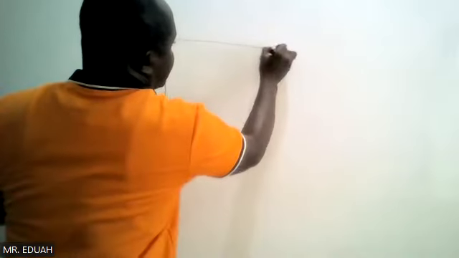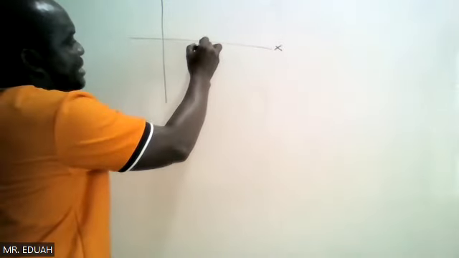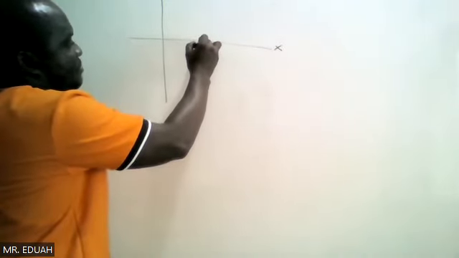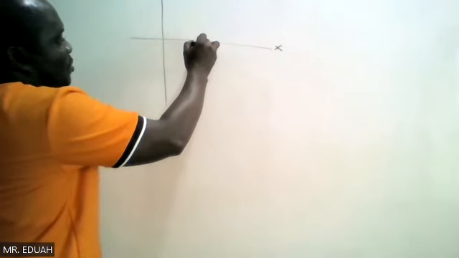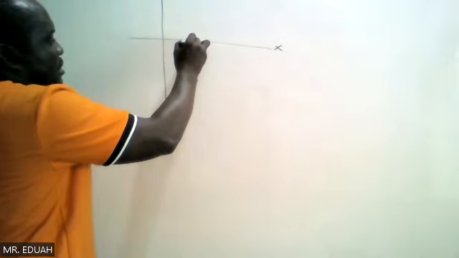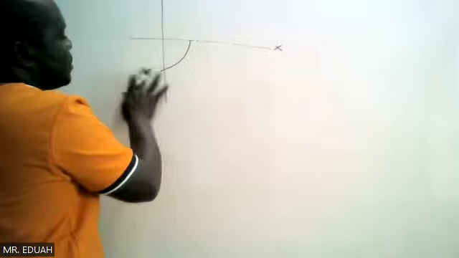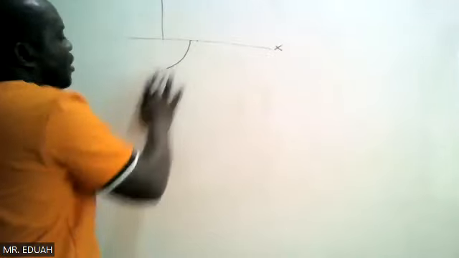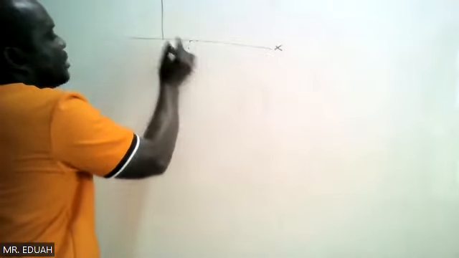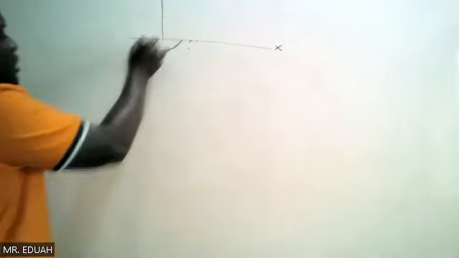So, my y-axis, x-axis, the angle this makes with the x-axis is 120 clockwise. So all that I'm told is that the angle that the vector makes with the x-axis is 120.